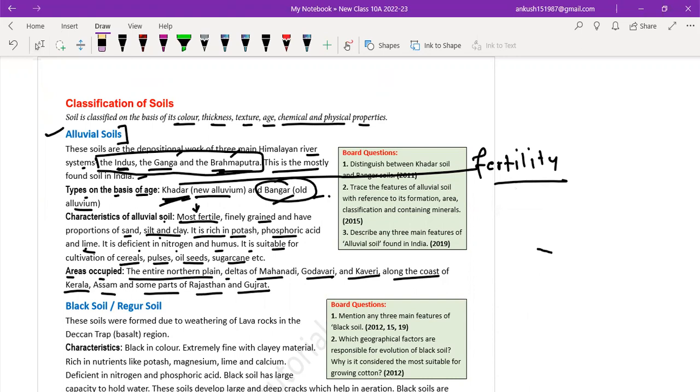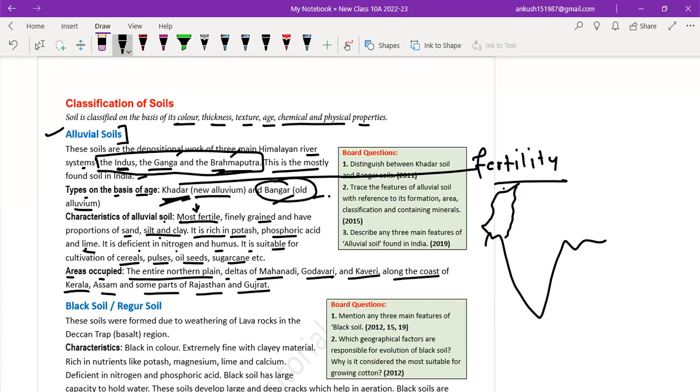Let me tell you. Actually, in Rajasthan we know that there are very few rivers or no rivers.